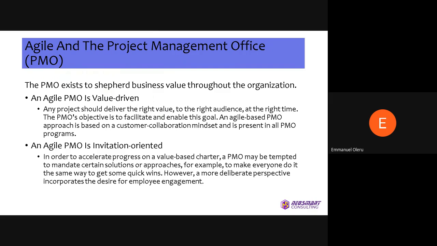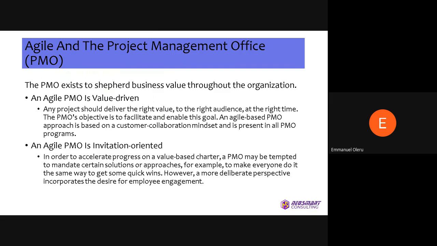Basically, the PMO, like we initially said, houses and manages project management within an organization, right? But the high point of it is that it's always value driven. So any project must deliver the right value to the right audience at the right time, and the basic function of the PMO is to facilitate and enable that this goal is achieved, right?